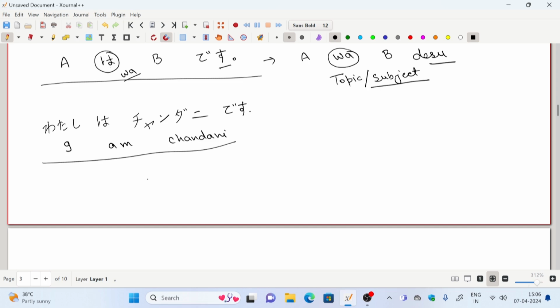If I say he is a student, or Mr. Ram is a student, Mr. Tanaka is a teacher, that sentence is a kind of introduction for that person. So there we will use A wa B desu. If you say Mr. Tanaka is a student: Tanaka is a name.